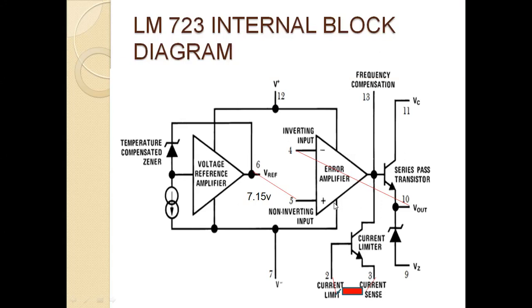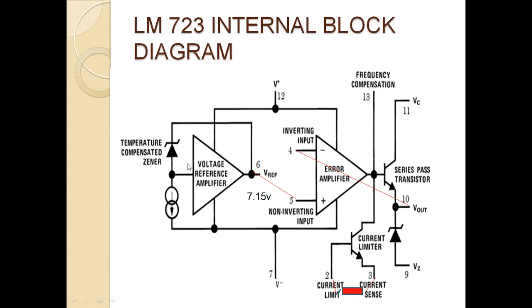This is the functional block diagram of the IC 723 voltage regulator, and it can be divided into two sections: the reference voltage generator and the error amplifier section. In the first section, we have a Zener diode, a constant current source and a voltage reference amplifier.